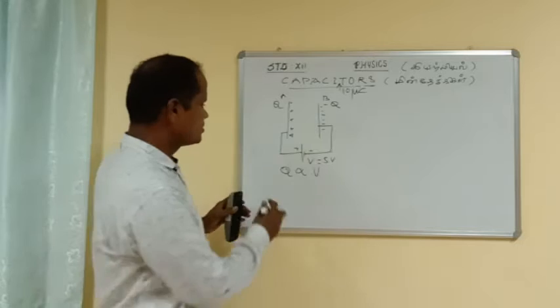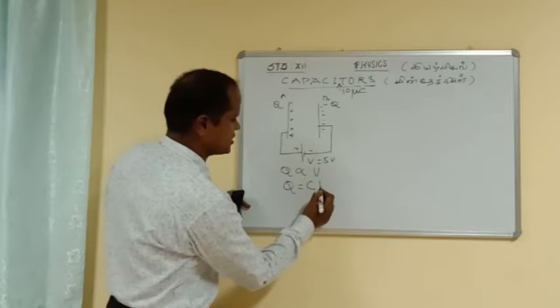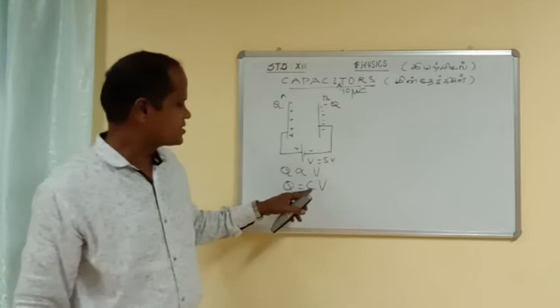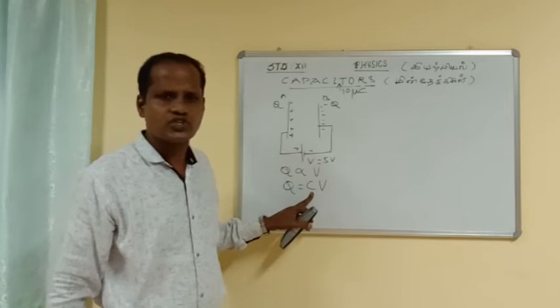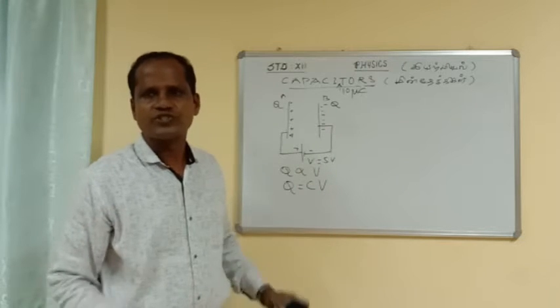Okay, so here I can convert it into an equation. Q is equal to CV. What is C? C is a constant, called the capacitance of this capacitor.